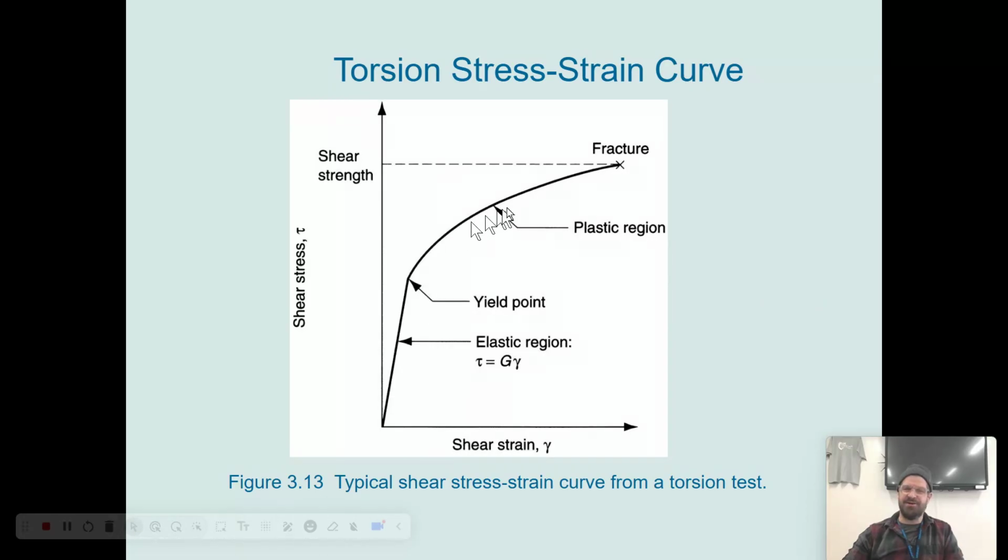The graph is also similar to the tensile strength test in the sense that there is an elastic region where you can push it a little bit, you can apply a little bit of force over that surface area, and if you let go, it'll bounce back to its original shape. This straight line portion is the elastic region, just like in the tensile strength test.